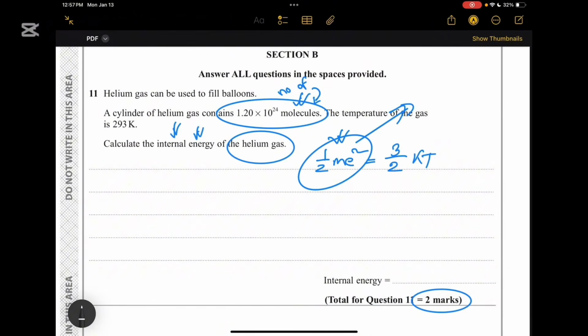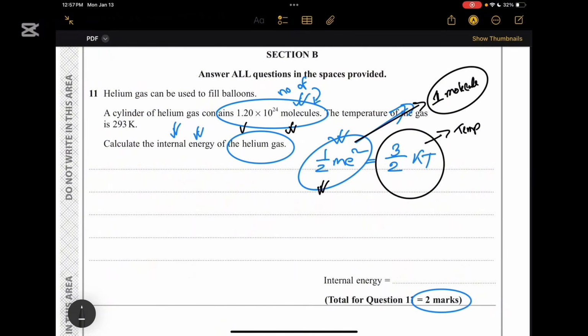It is proportional to the absolute temperature of the gas. So this is basically talking about the temperature, and this is the average kinetic energy of one molecule. So this is going to be our internal energy as well, because we are talking about not only one molecule, we are talking about 1.2 into 10 to the power 24 molecules.